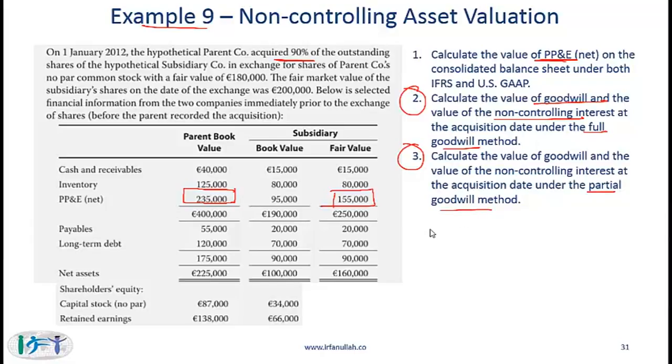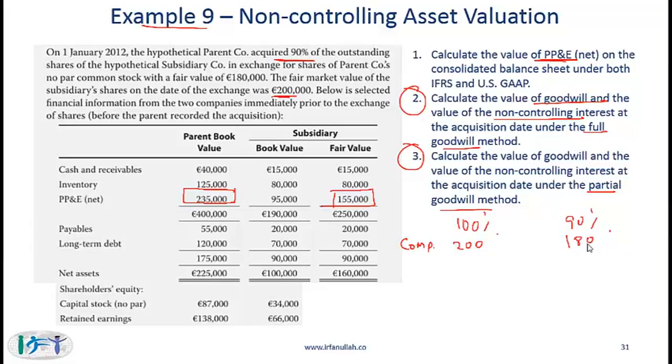I'll use the same strategy that I have used earlier. Let us look at things this way: 100% and 90%. What is the full value of the company? The overall fair value of the company is 200,000, and let's just work in thousands. So the overall value of the company is 200. 90% of this number is 180.